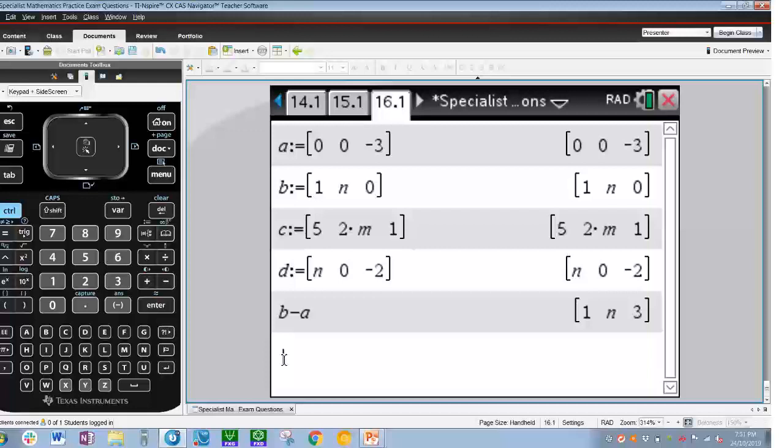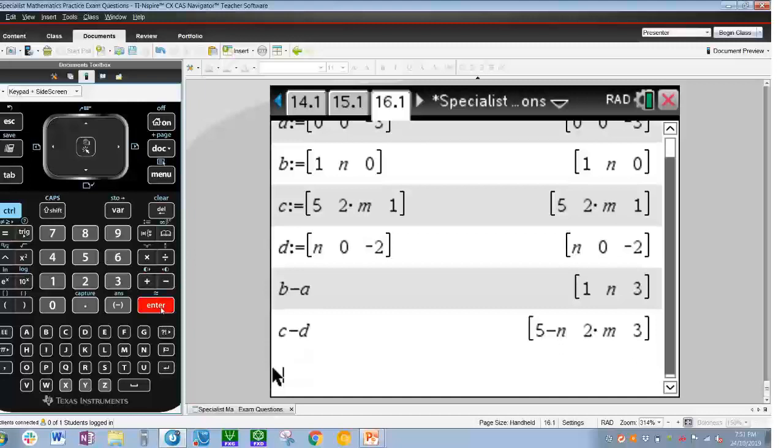In a similar fashion, we want vector DC, which is simply C minus D. There we go. So we know for a fact that 1i plus nj plus 3k and (5 minus n, 2m, and 3) are equivalent.